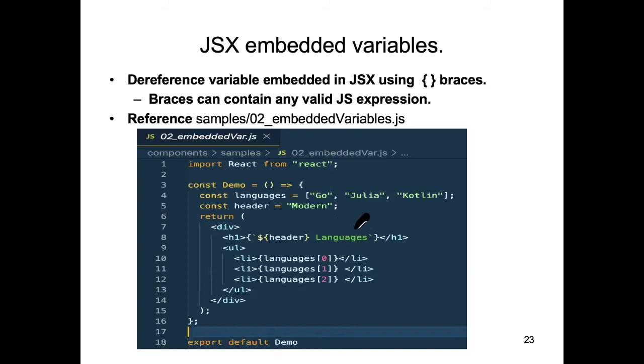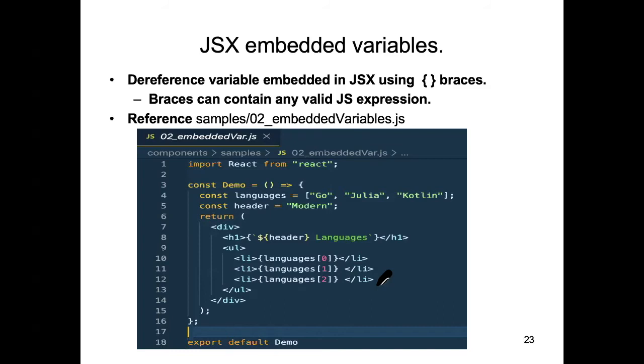But it's an ordinary string template. So I'm taking the variable header and using string templating syntax to evaluate that variable. And then the output of this entire expression becomes the text for my H1. And here it looks like I'm indexing into my array of languages that I've defined up here. And I'm just dereferencing them. It's not a great improvement, but it's a slight improvement.